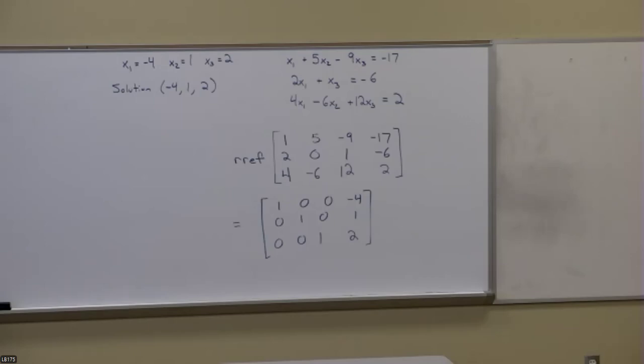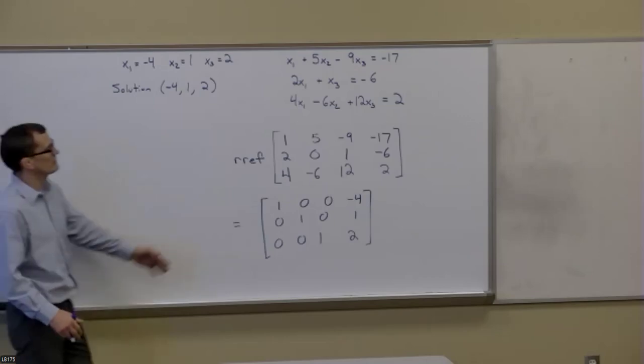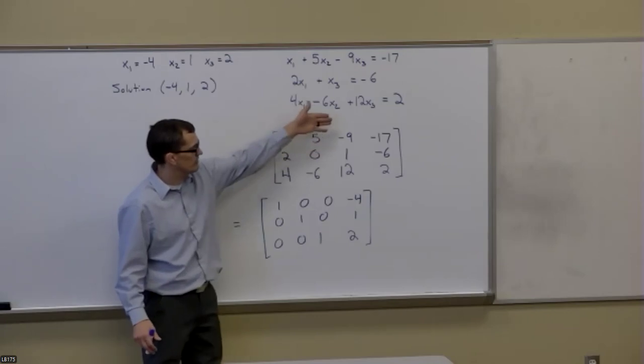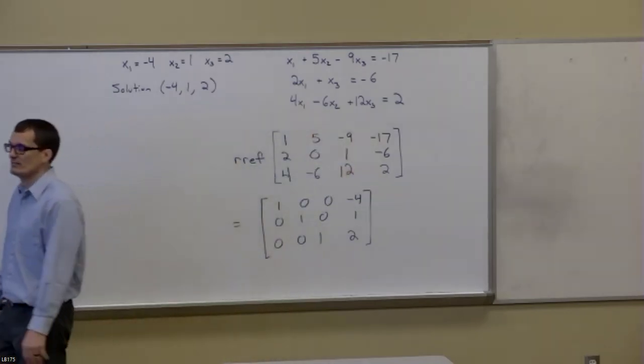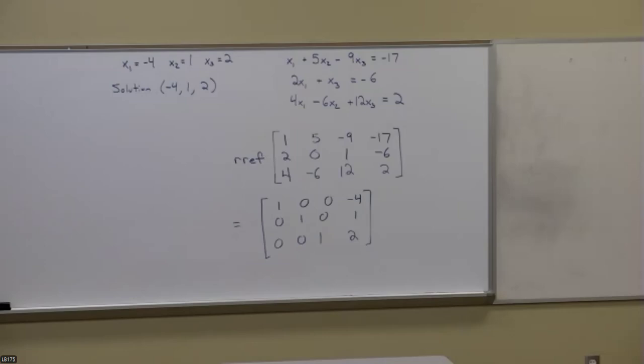Again, we have to make sure that we're lined up in the correct way: all of our x1s, all of our x2s, all of our x3s, then all of our constants. But if I have everything lined up in the correct way, I can let my calculator do all the hard work. Okay.